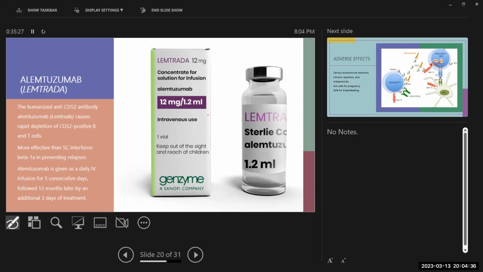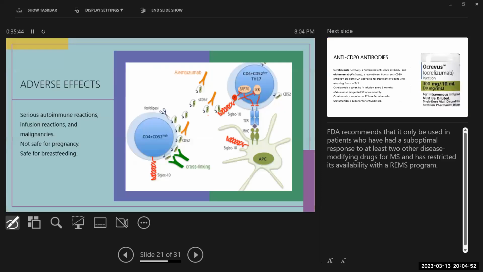It's given as a daily IV infusion for 5 days. And then you don't have to give them anything else for a year. Very convenient. Very convenient. Not safe for pregnancy, but it is safe for breastfeeding. Antibodies too big to be secreted into breast milk.